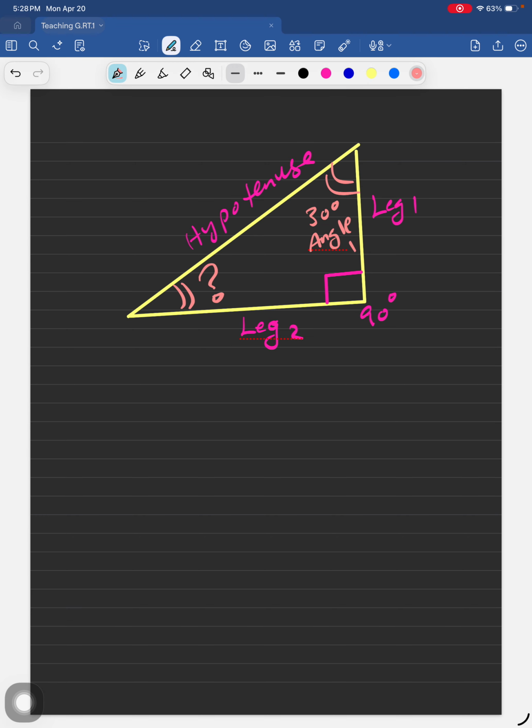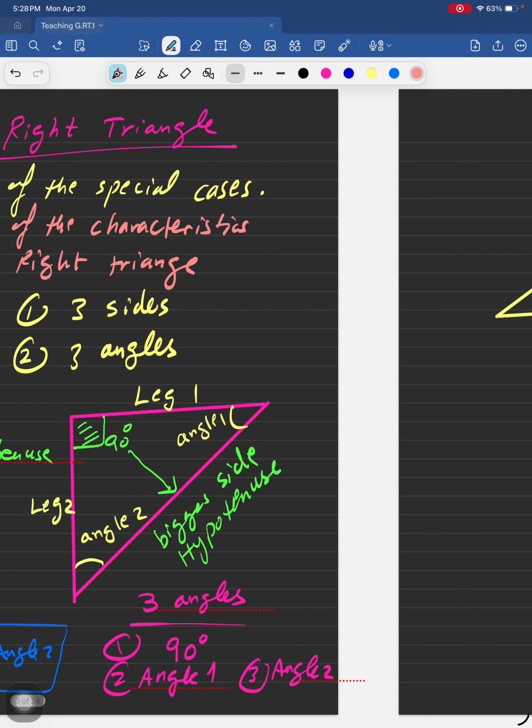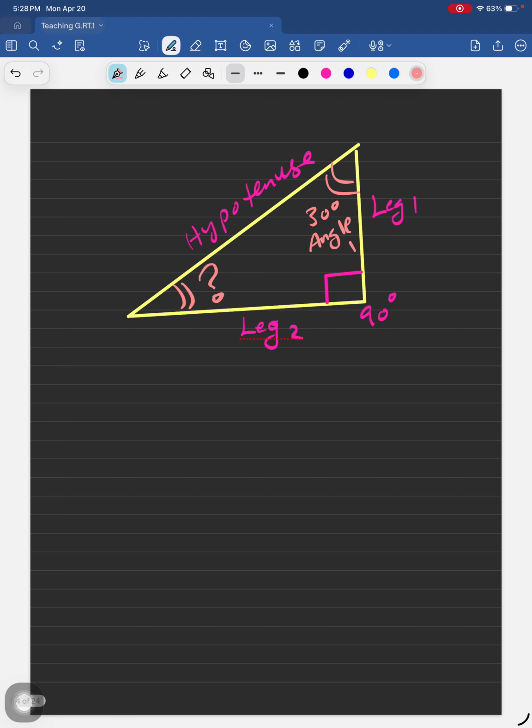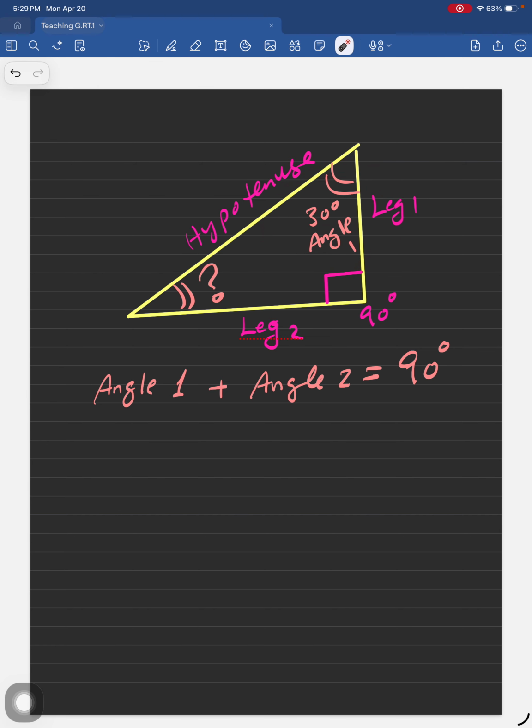what is the measurement for the second angle? As we said, angle 1 and angle 2 together are 90 degrees. So angle 1 plus angle 2 is equal to 90 degrees. Angle 1 is 30 degrees, so we substitute: 30 plus angle 2, which is x, equals 90.